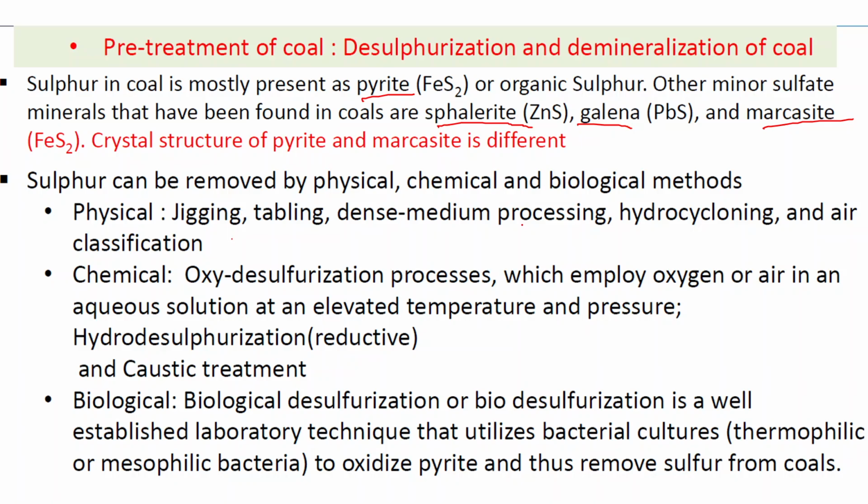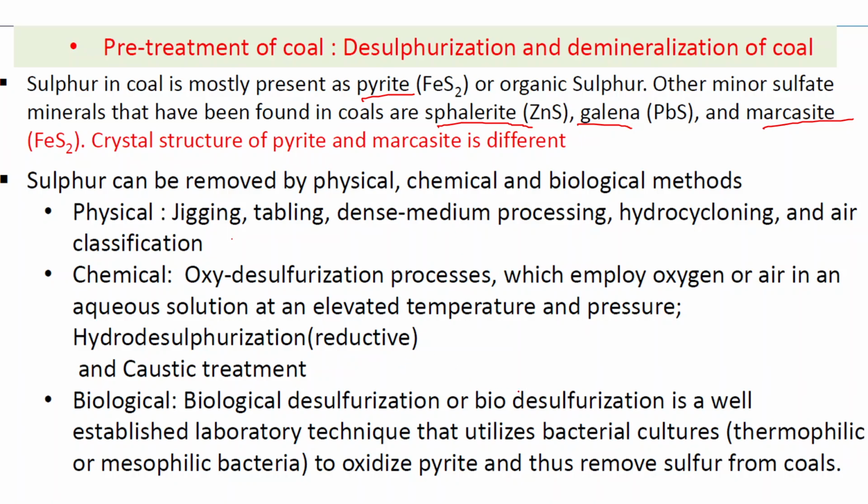Hydrocycloning is mixing the coal sample with water and rotating it in a kind of centrifuge, so the components separate out depending on their density.